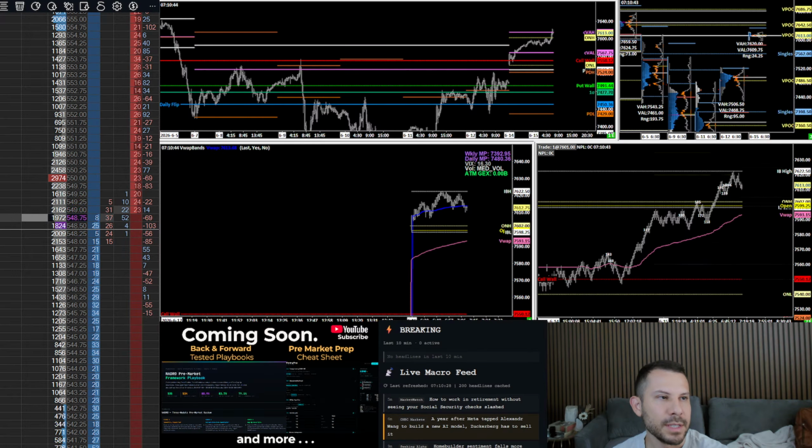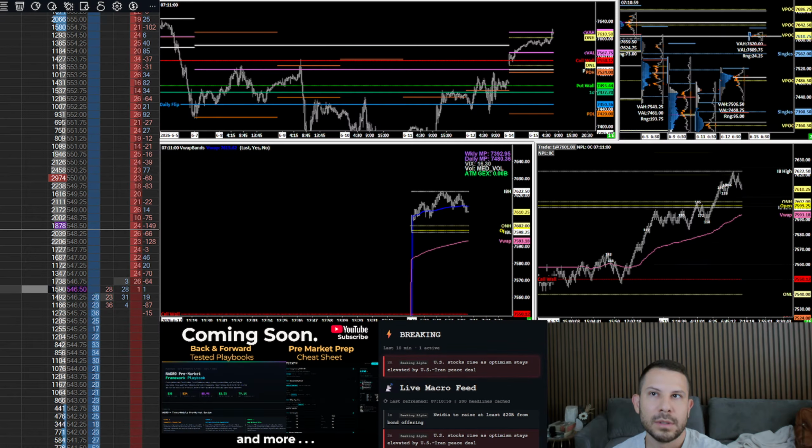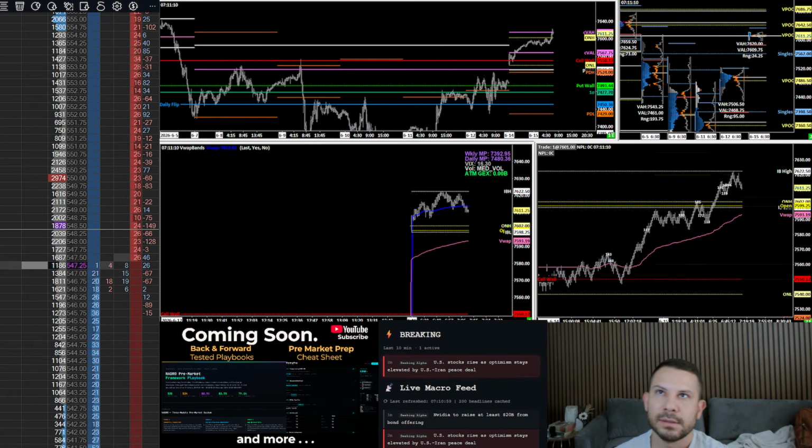I'll end up taking it down probably later. The cap up, drifted. U.S. stocks rise as optimism stays elevated on the U.S.-Iran peace deal. Yeah.